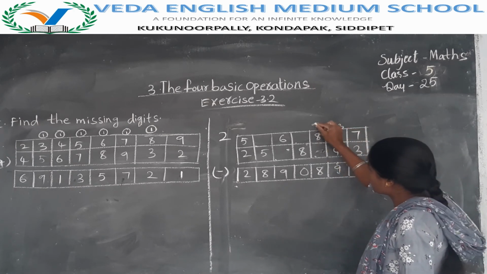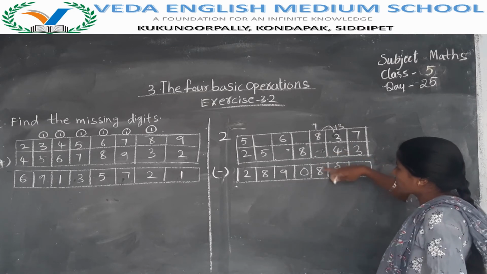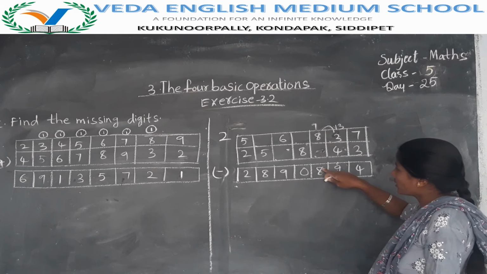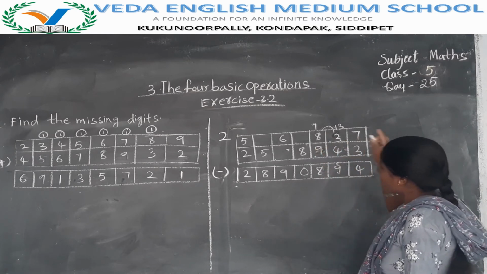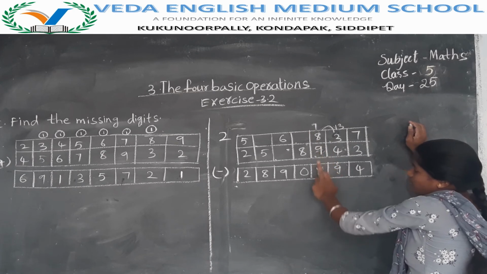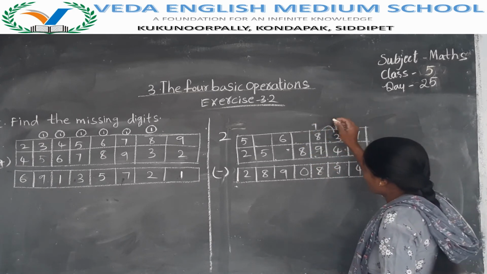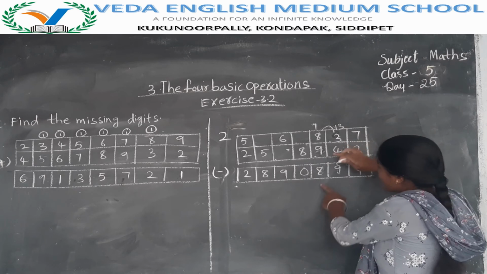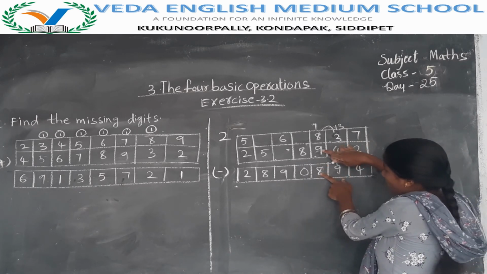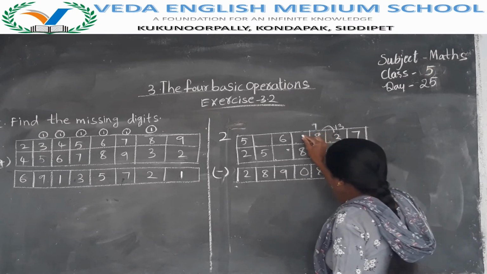Now 8 becomes 7. From this 7, how much should we subtract to get 8? See now, it is 7 minus 9, it is not possible, then we have to take borrow. Add these two, 9 plus 8, 17. Then write here 9.